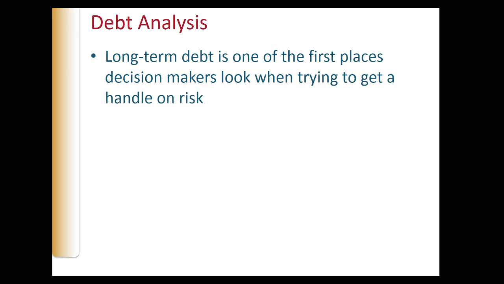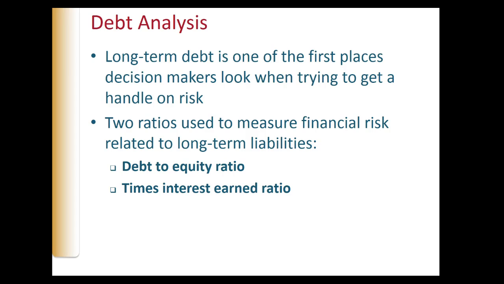Long-term debt is one of the first places decision makers look when trying to get a handle on risk. There are two ratios that measure financial risk related to long-term liabilities. One is called debt to equity, and the other is called times interest earned.